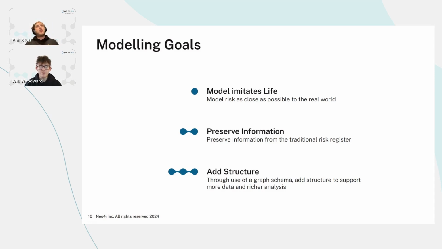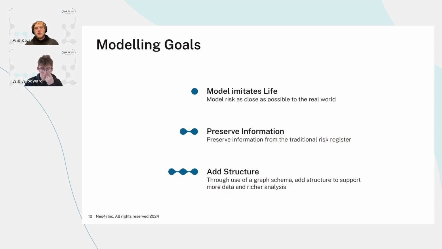So this is quite a strong principle that if you're building a digital twin, so you are representing the real world inside your graph, then you should model it in that way so that somebody who's familiar with the domain, so a risk analyst, would understand what's going on. If you abstract this too much, then the intuition gets lost along the way. So we model the risk as close as possible to the real world.